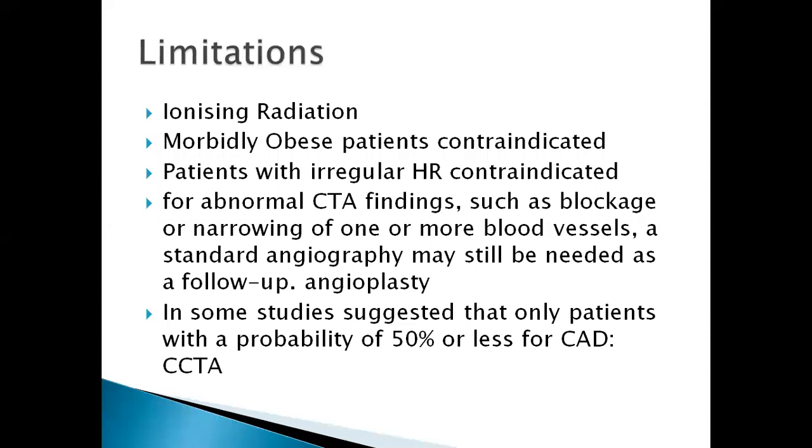So certain studies have actually argued, why not just go straight to cardiac catheterization? Because in the end, if you know the patient has a high risk for coronary artery disease, most likely they may have to go for cardiac catheterization anyway. But it still remains a good alternative, especially in those who have a lower risk, a probability of 50% or less for coronary artery disease.